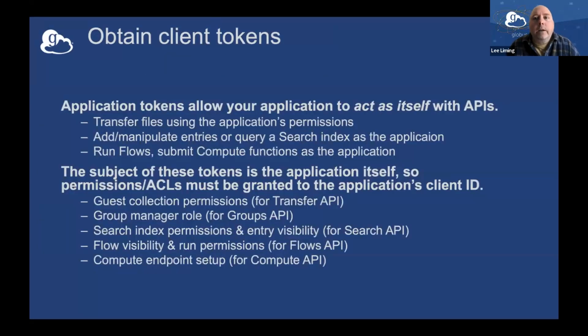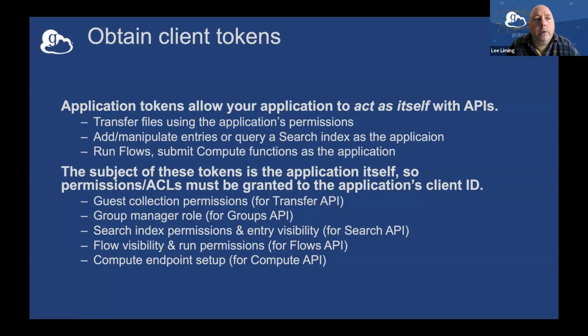What does that look like? It basically is a standard API call. I'm not going to go into the details here; it's in the documentation, and that results in access tokens that your application can use to do things as itself. So this is not things that you do on behalf of your users.